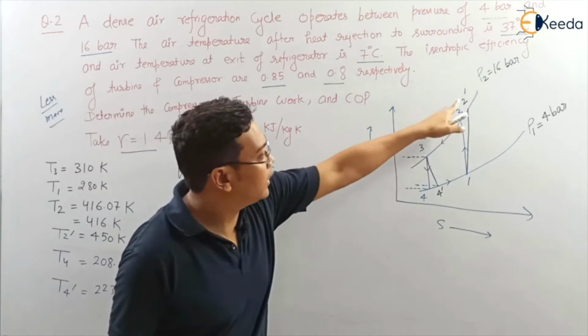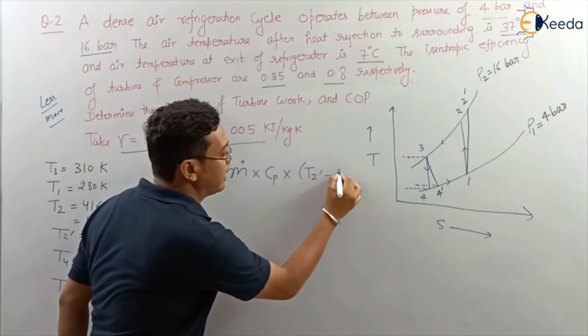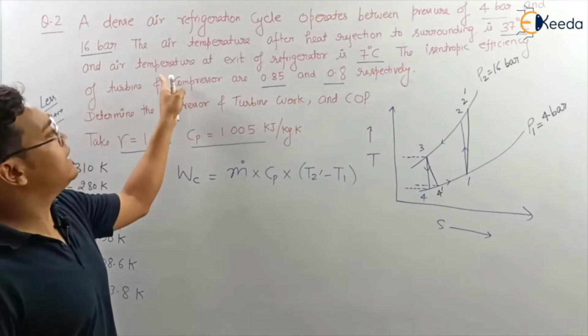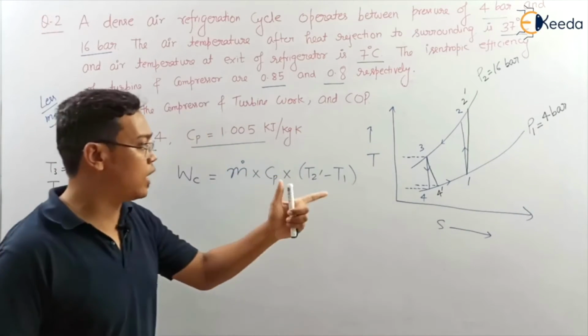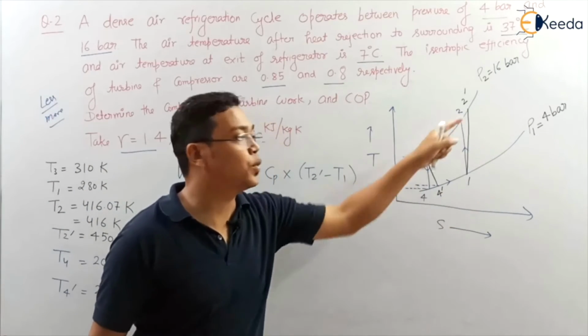Compressor work T2 dash minus T1. Because here efficiency is given. Efficiency is given for compressor or turbine, you remember, always take actual work 1 to 2 dash.